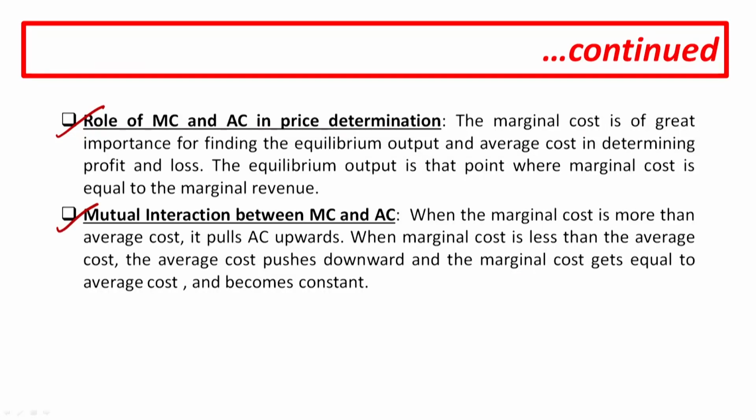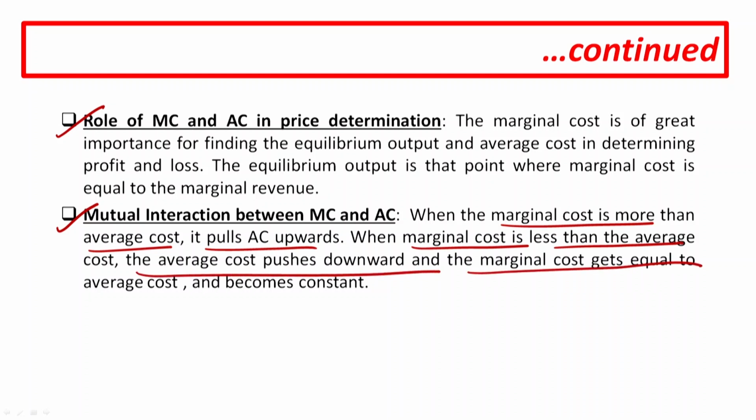Mutual interaction between MC and AC. When marginal cost is more than average cost, it pulls upward. When marginal cost is less than average cost, the average cost pulls downward. And when marginal cost gets equal to average cost, it becomes constant.